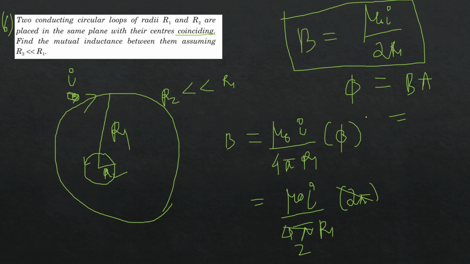B is mu naught I by 2R1. What is A? A here is the area of the smaller loop, flux through the smaller loop, so pi R2 square. So this is the flux.